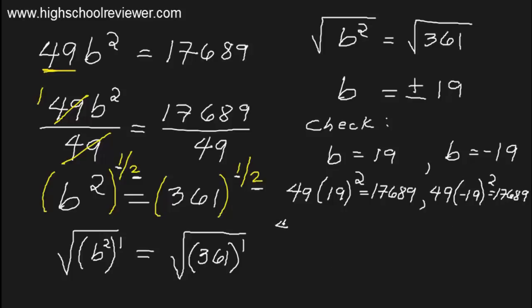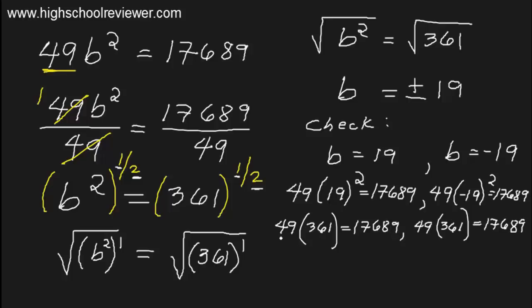So we have here 49 and 19 squared, this will be 361. And for 49 times negative 19 raised to 2, that will also be 361.